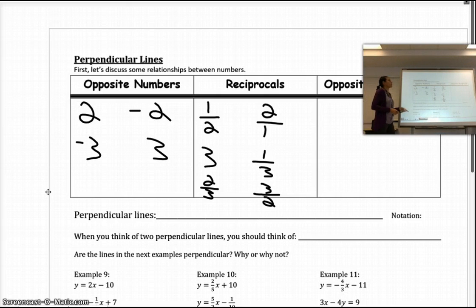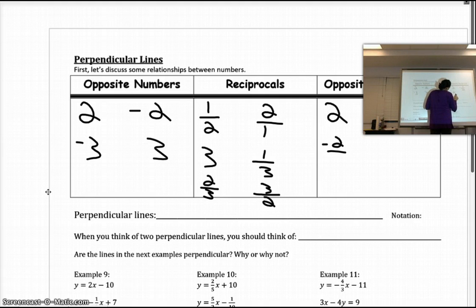Now, for perpendicular lines, we're going to talk about something called opposite reciprocal. So if I tell you the slope is 2, I want the opposite reciprocal of 2. What's the opposite reciprocal of 2? Negative 1/2. You need to perform both. You need the opposite sign and you need the reciprocal. What about -2/3?